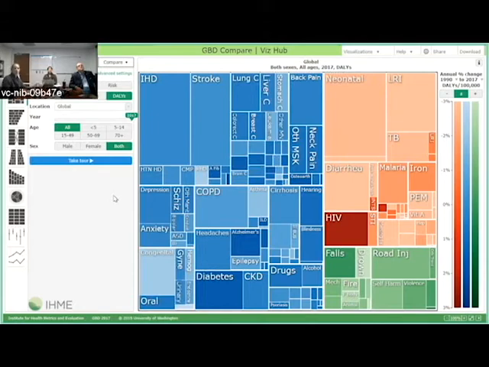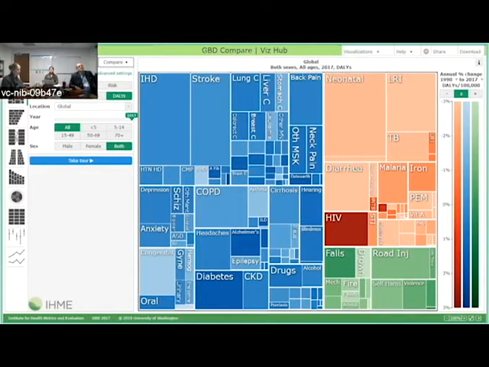The measure I'm looking at is DALYs, or disability adjusted life years. It's looking at the entire world for 2017. This is a slider. It can go back to 1990, 2000. You can slide it along. What age groups am I looking at here? All age groups, and both sexes.